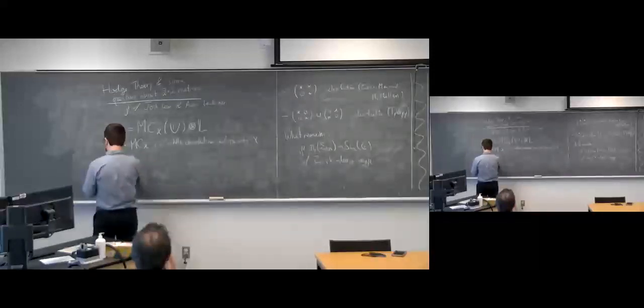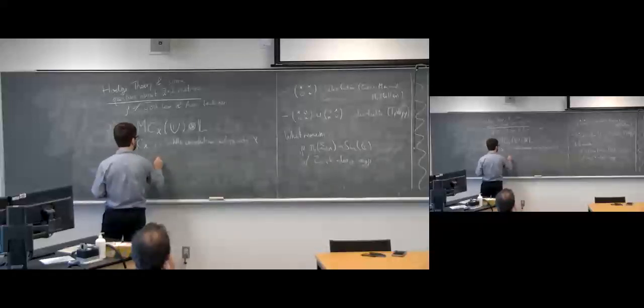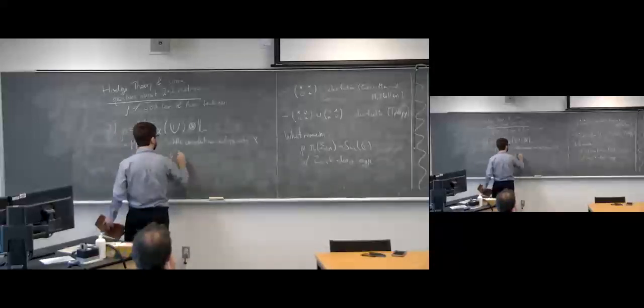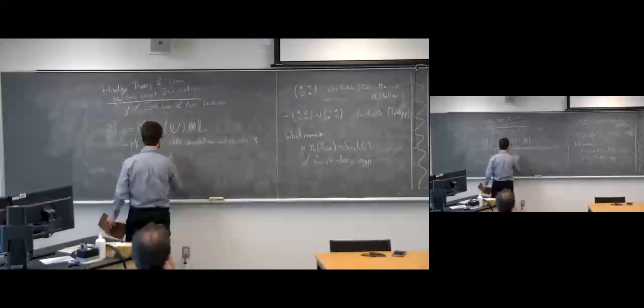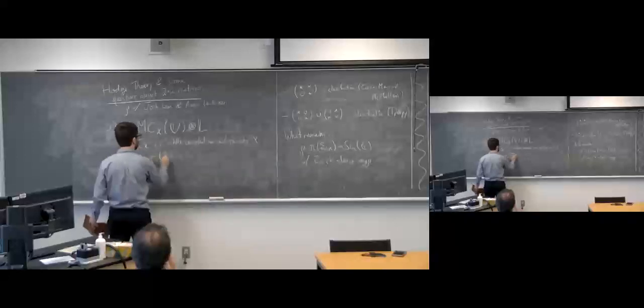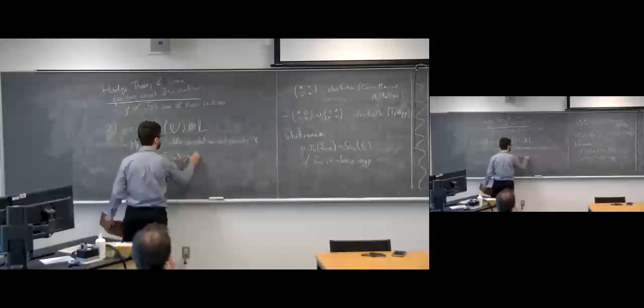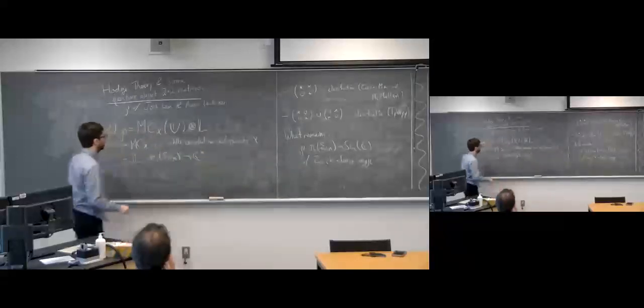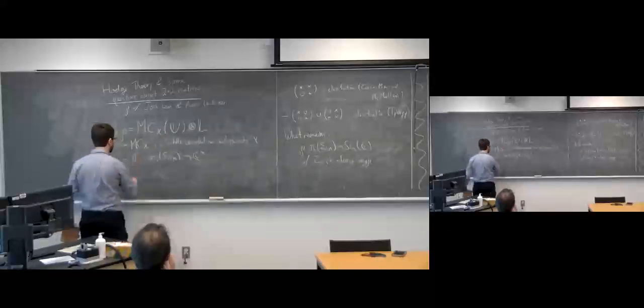Here L is a rank 1 local system, so L is a representation from pi_1 of Σ_{0,n} to C star. Again, a sort of simple thing. And then I have to tell you what this U is.